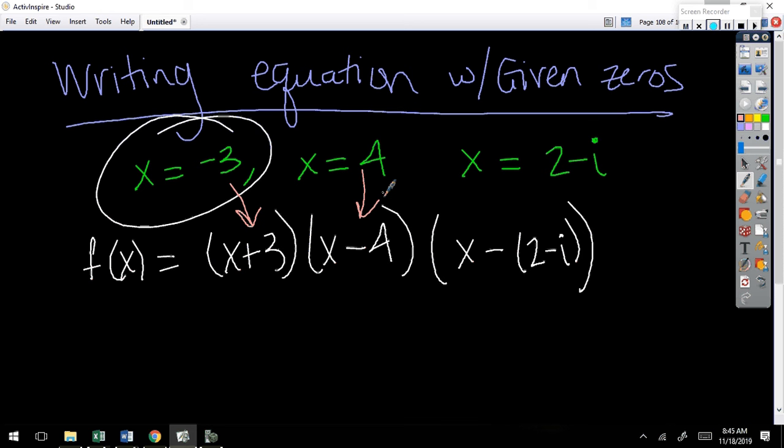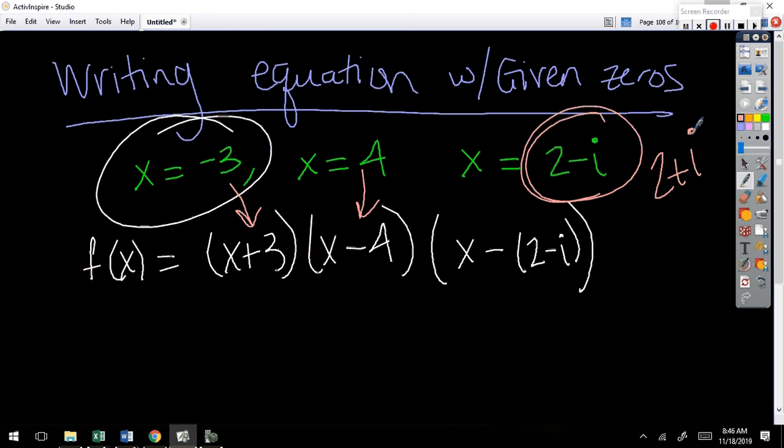But whenever I have imaginary zeros, and this is called the complex conjugate zeros theorem, which is a big fancy word, you don't have to know the name of it. If you have a polynomial that has real number coefficients, then if a plus bi, or 2 minus i, if you have a complex number that is a zero, then you also have to include the conjugate of that.